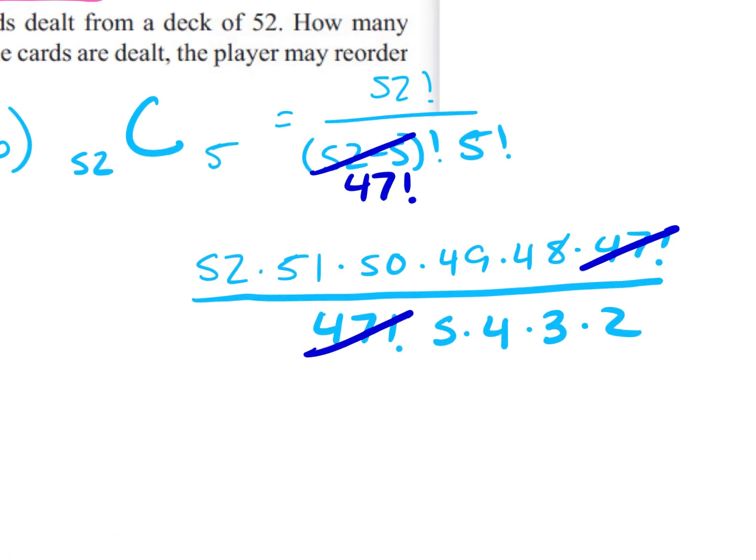If you wanted to from here, you could multiply 52 times 51 times 50 times 49 times 48 up top, and then divide that by 5 times 4 times 3 times 2. I'm going to just simplify some more, so it's less work that we have to do to multiply. 5 goes into 50 how many times? 10 times. 4 goes into 48 how many times? 12 times. 3 goes into 12 how many times? 4 times.